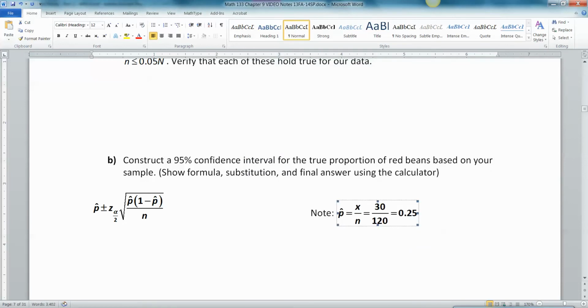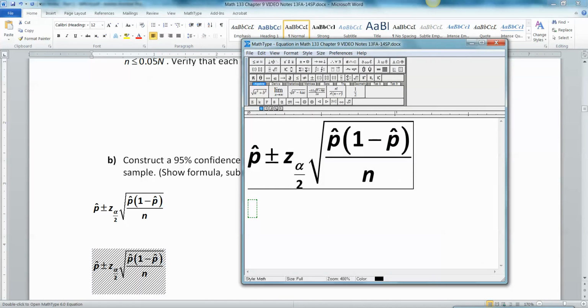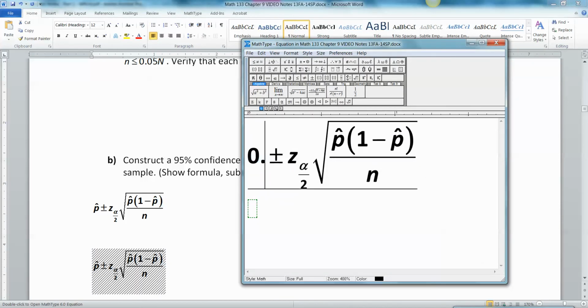So we're going to use that. And they won't always give it to you quite this way. Sometimes they might just give it to you directly and say, hey, it was 0.25. But in this case, we had to go find it. Okay, so now I want to use that information to find my lovely confidence interval.